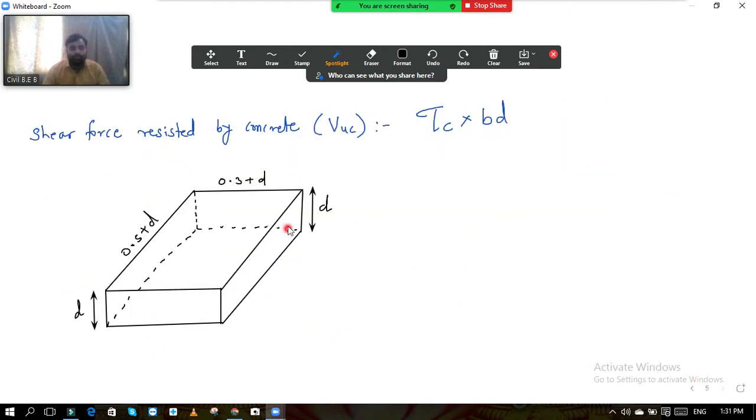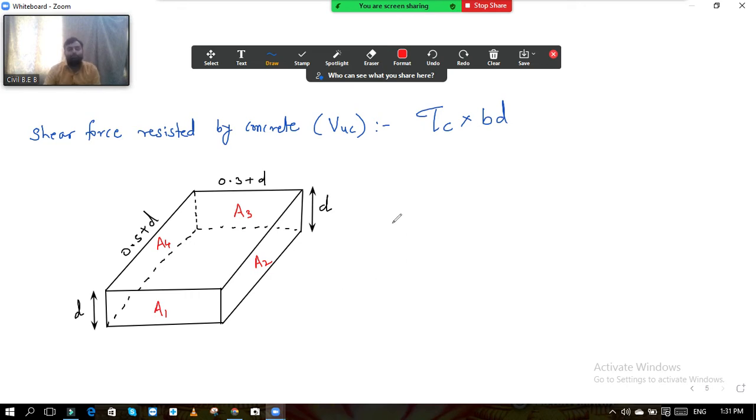Okay, so what are those areas now? If I show you by numbering, let this be A1, this A2, this A3, and this A4. These four areas are there.